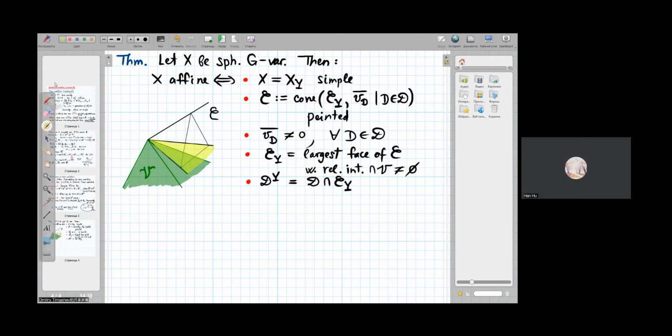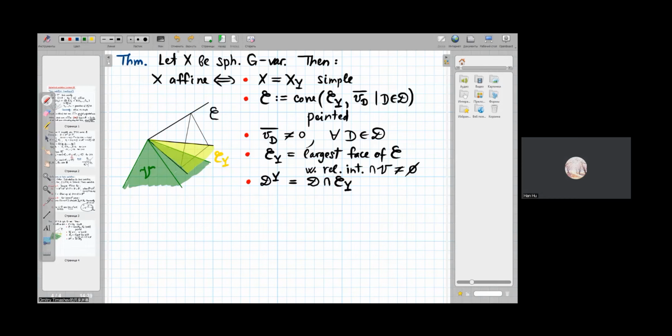So this is the picture. This face is Cy. And this Cy is generated by vectors from the evaluation cone, for instance, by this vector.